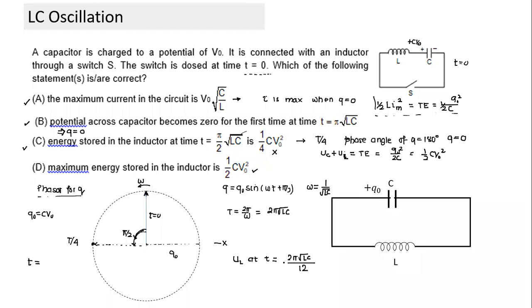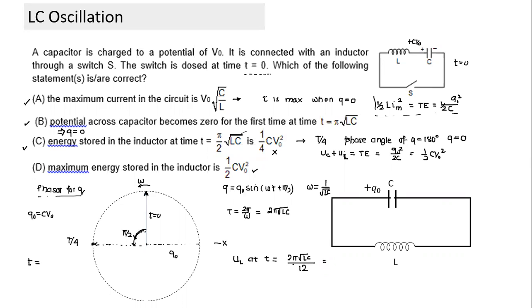Can you mark the position where the charge phasor will be at this time? What is this time equivalent to? During this time interval, what is the angle by which the phasor will rotate?